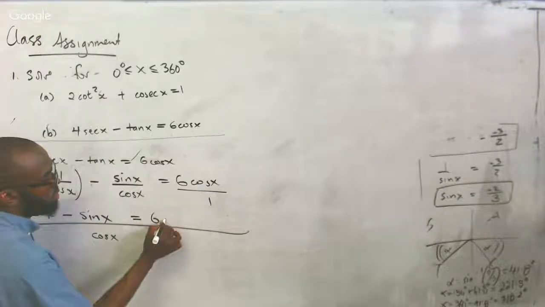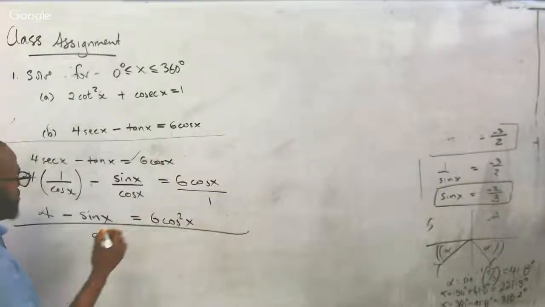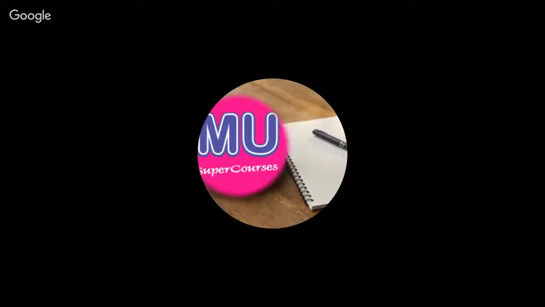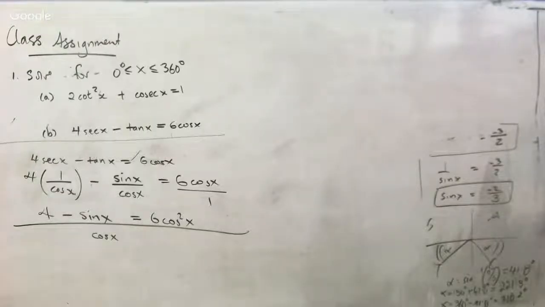So this is 6 cosine squared of x. Let me see what you did again. Multiply everything by cosine squared. If you multiply everything by cosine squared, that's an equation, so I am bound to multiply over here by cosine squared. You need a cosine cubed, which is a problem. You wouldn't want to keep that, right?